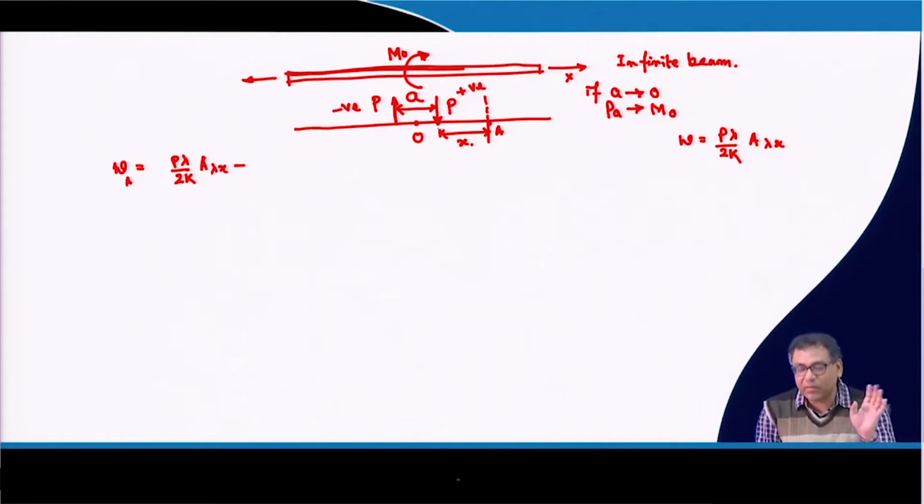Regarding the sign convention for moment, the clockwise moment on the left side is positive, whereas the anti-clockwise moment on the right side is considered positive. The upward acting concentrated force is negative and the downward acting concentrated force is positive.